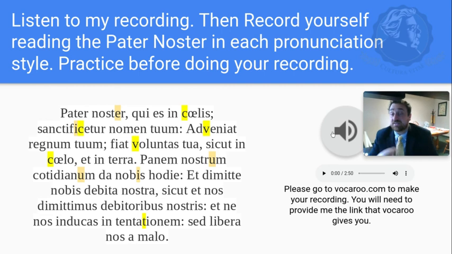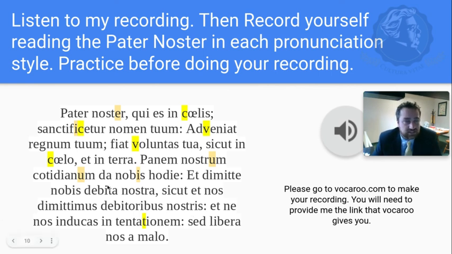So I'm not going to waste time in this video by playing it for you. You can do that on your own time. But notice here that with the yellow highlighting are the C's and the V's. I don't think there were any G's. Yeah, there are no G's in the Pater Noster. There's a T for a "tentationem" versus "tentationem." And then also, I didn't highlight every vowel, obviously, but I highlighted some that I'd like you to try to pronounce differently.